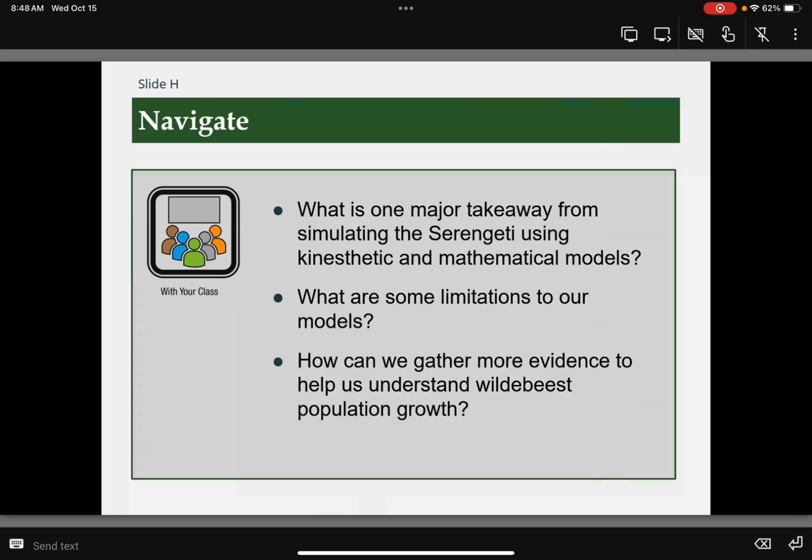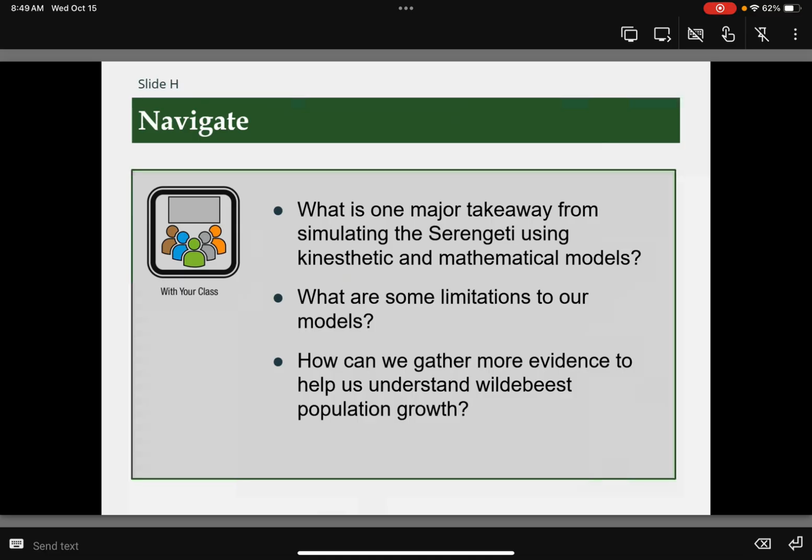Possibly. Or they have it and it dies. Okay, so a lot of different things could happen. They could not be pregnant at all. They could have multiples. They could have an offspring and then it dies for whatever reason, right? So those are some limitations to what we were modeling.